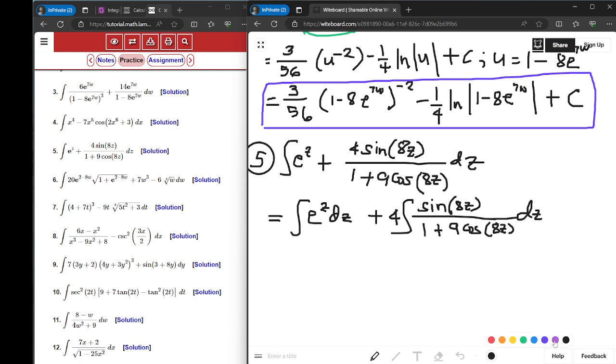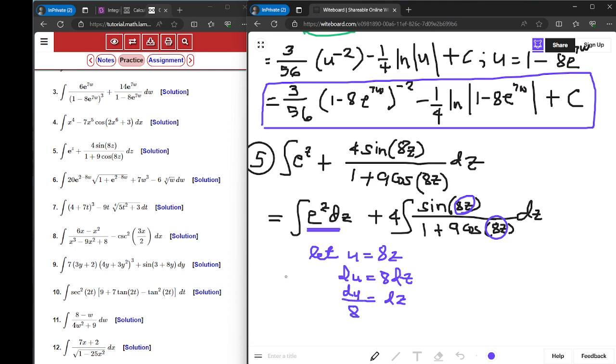For this case, we can easily get the integral of e to the z dz. For the second term, we have to let u be equal to 8z, so that the derivative of u is 8 dz, which means our dz is du over 8.